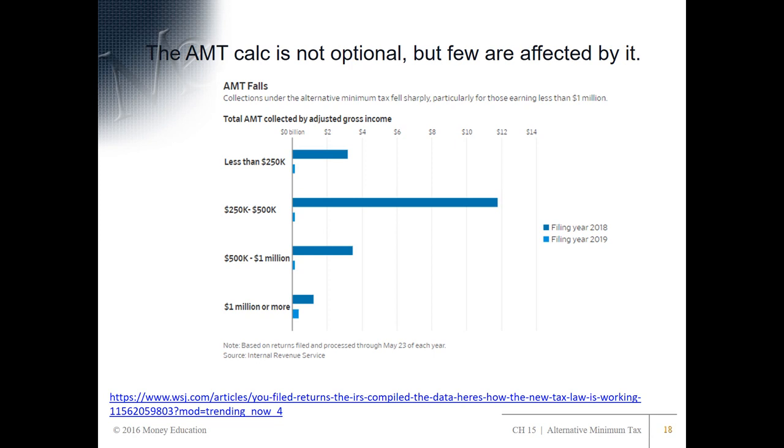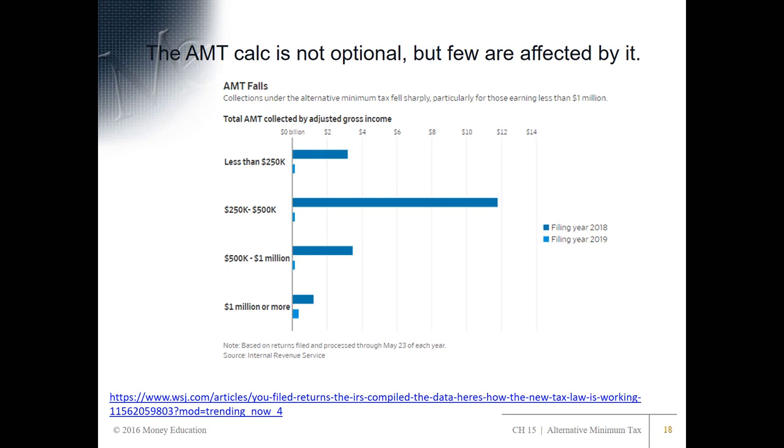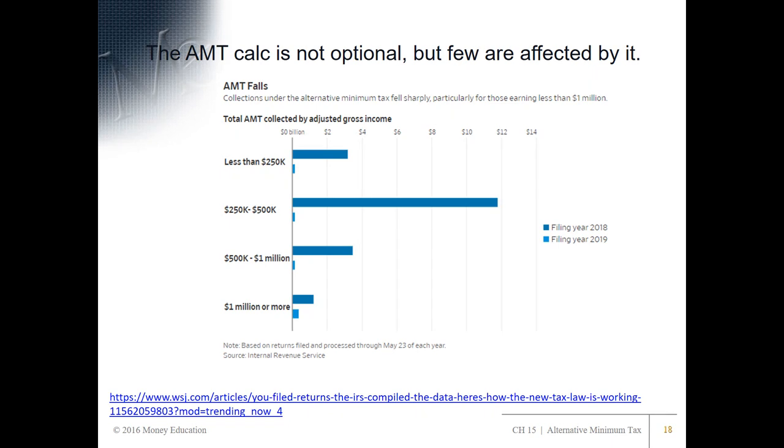Now, when we look at taxpayers who have $1 million or more of income, with the new tax law, the number of people affected and the collections certainly has decreased. But eyeballing it, maybe it fell by two-thirds. It did not fall percentage-wise nearly as much as it did for the lower income people that make less than $1 million.